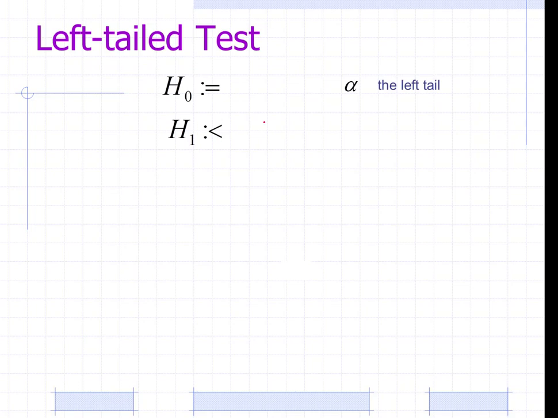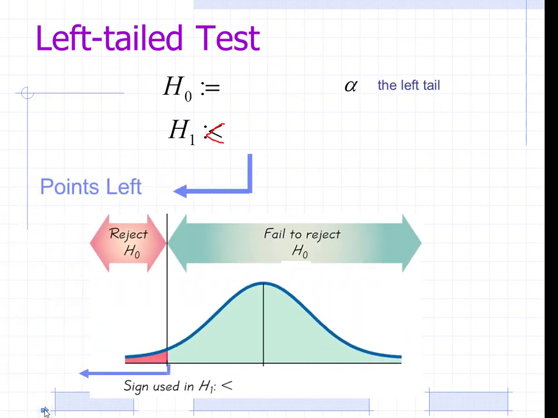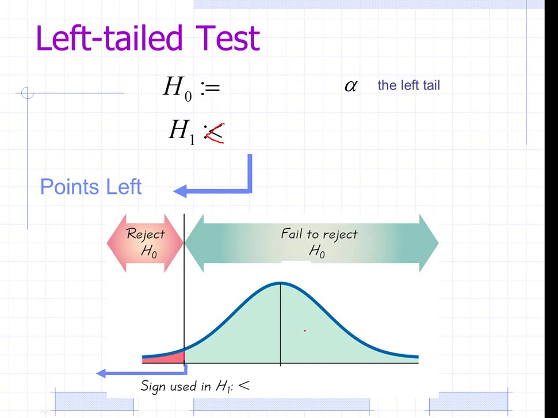When we have a less than, our alpha is in the left tail. So remember, our sign points toward the tail we're interested in. And so if our test statistic lands in this blue area, we don't have any evidence against our null hypothesis. If it lands down here in this rejection region, then we have evidence against it and we're going to reject it.